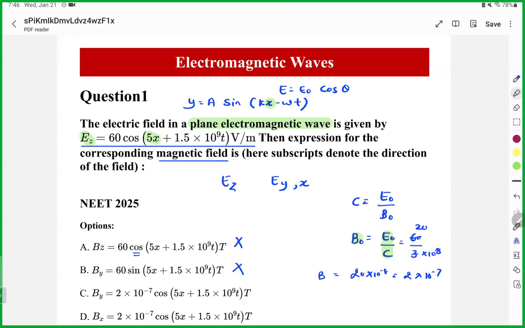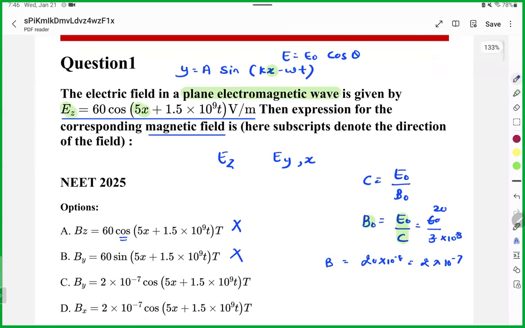Correct. So imagine you have your electric field in z-axis and the wave propagates in x-axis. What will be the direction of the magnetic field? Y. Understood, guys? Any doubt?